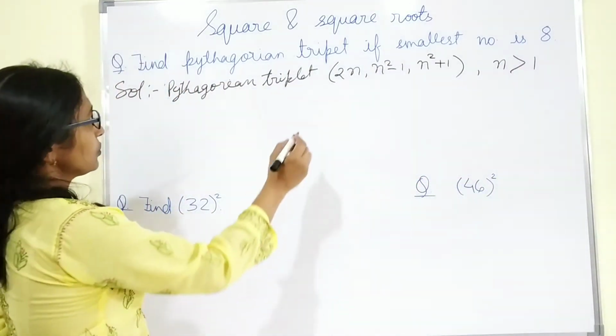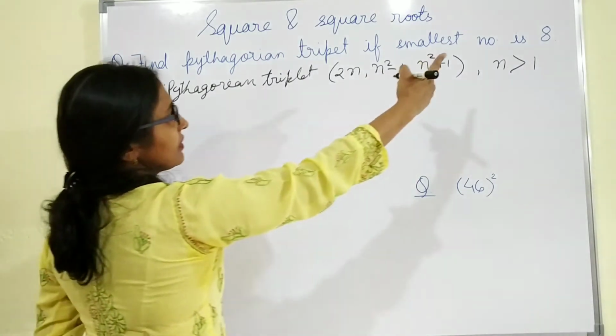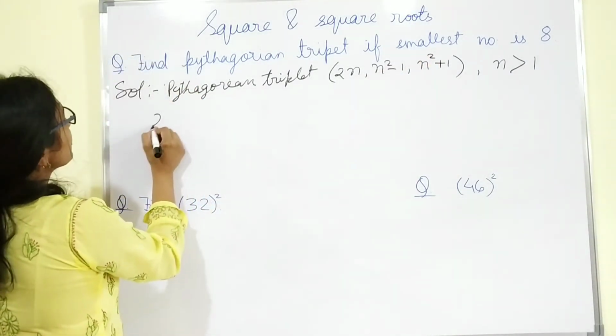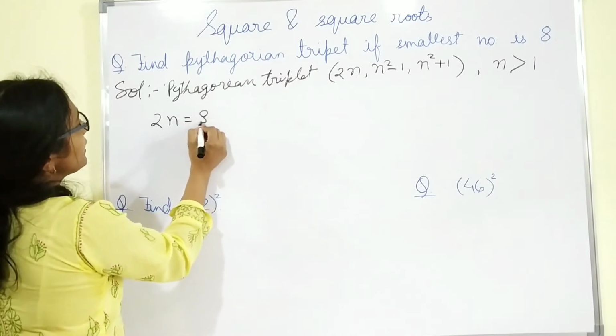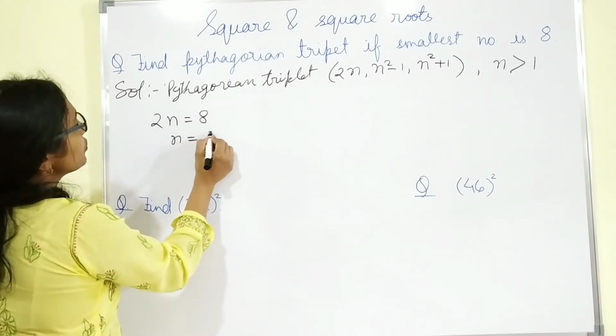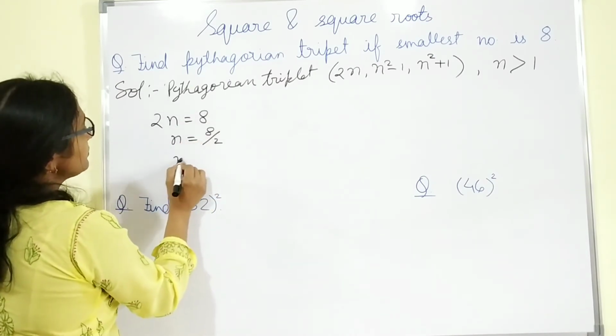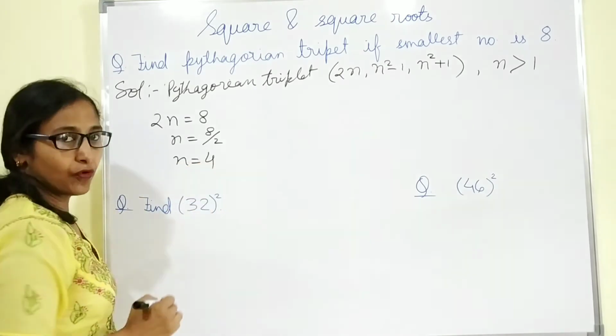So 2n is given as 8, so n equals 8 upon 2, which means 4.